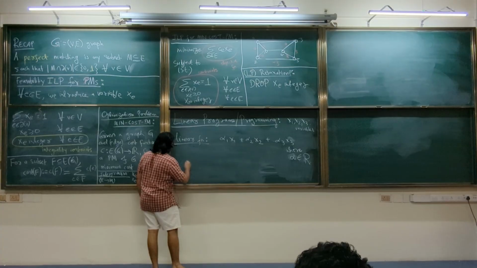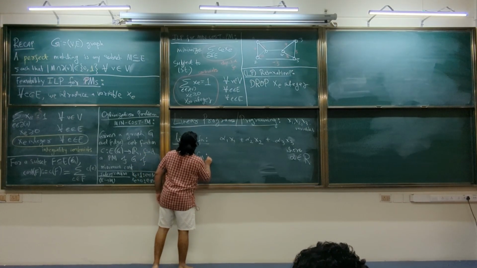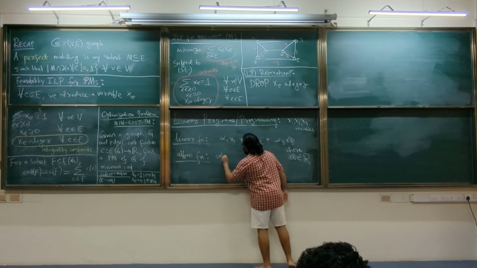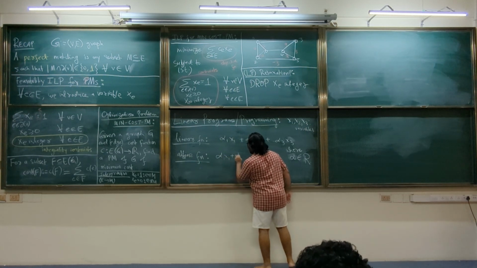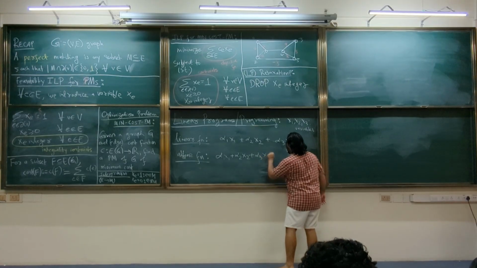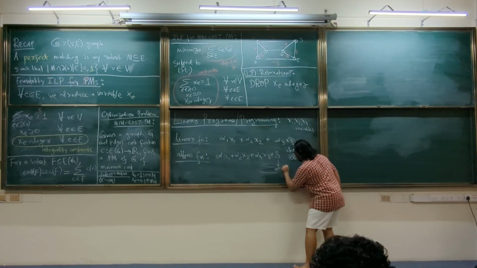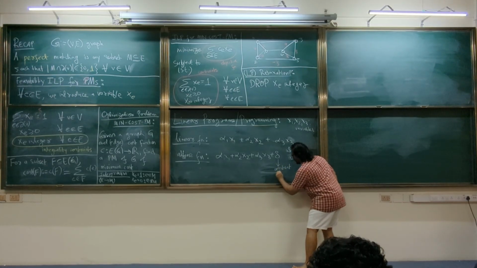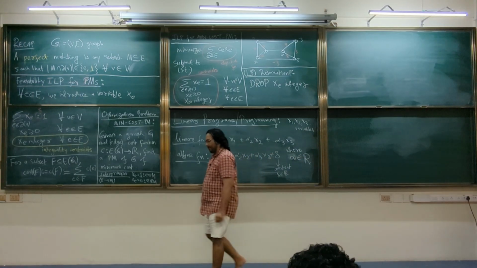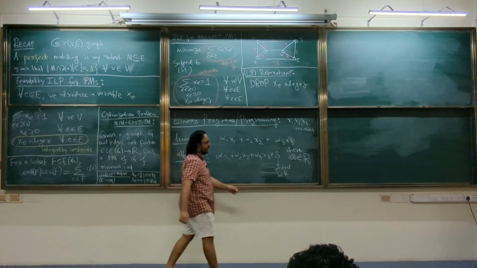It's just a translation of a linear function. An affine function is simply a linear function plus a constant, again a real number. So that's what a linear function is, that's what an affine function is.